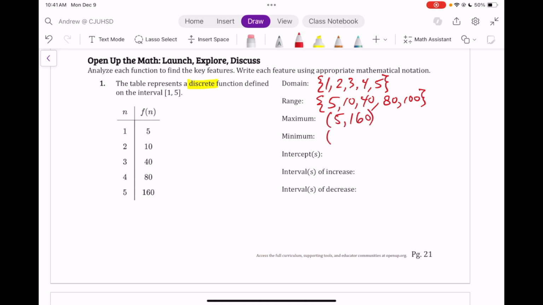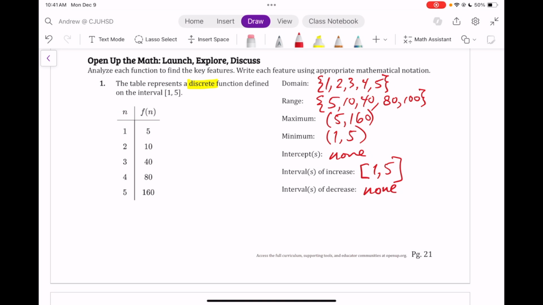Minimum would be at 1 and 5. There are no intercepts. Intervals of decrease. We'll still use the interval notation here and go from 5, actually from 1 to 5. And there are no intervals of decrease.